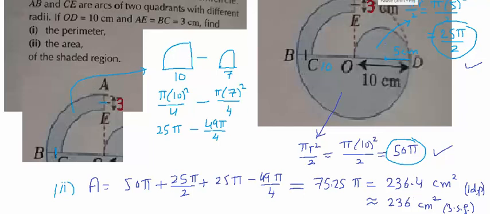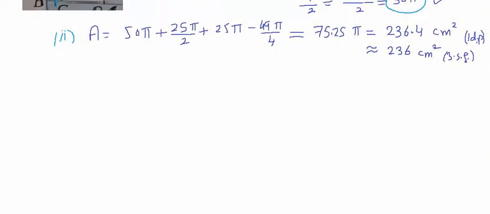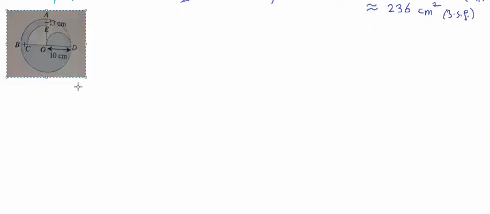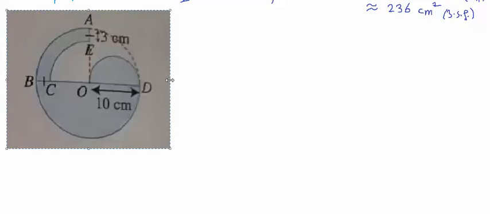Now the first part of the question, which is the perimeter. Perimeter, as I told before, is just the length of all the boundaries. We add the boundaries. So let's consider the diagram again. This is an enlarged copy of this diagram.